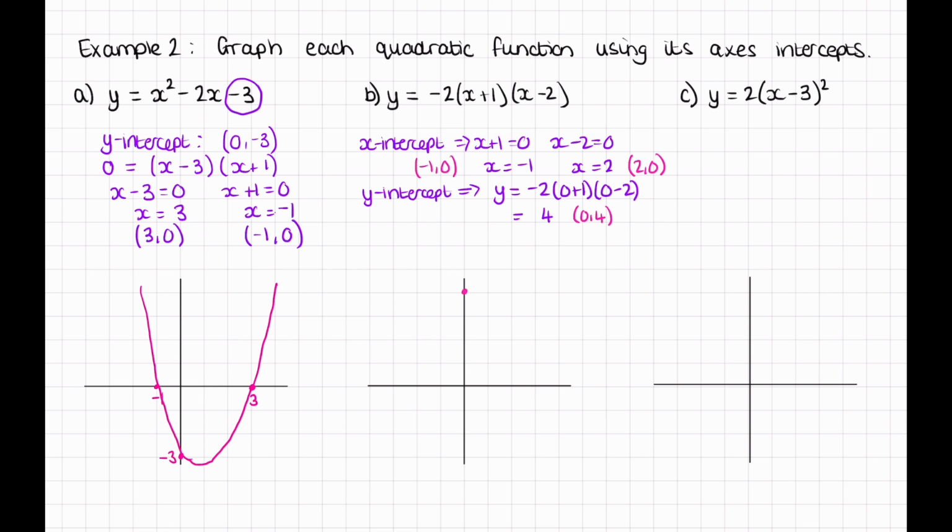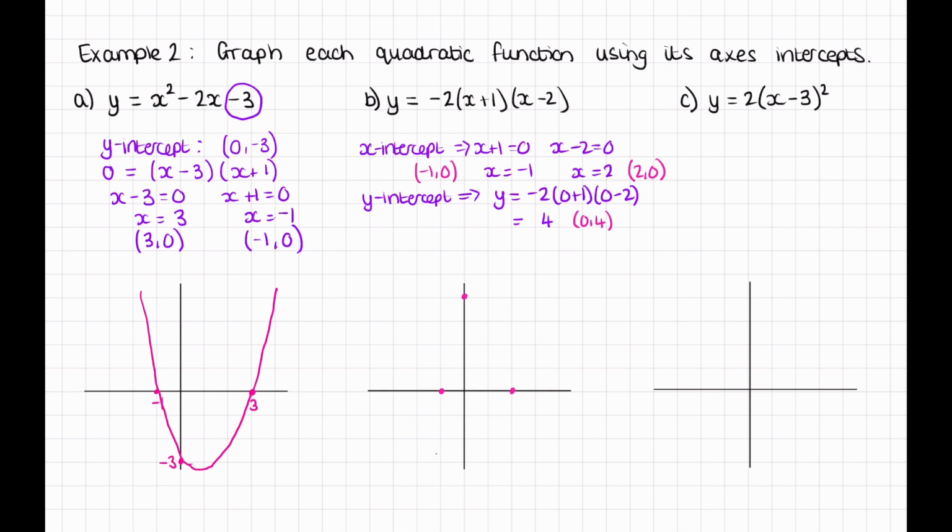Now we can draw the graph, with 0, 4 for the y-intercept and our x-intercepts, and draw our parabola from there. Then the last one, y equals 2, bracket x minus 3 all squared. First we find the x-intercept, and there will only be one because we only have one bracket. That will be when x minus 3 equals 0, so when x equals 3.